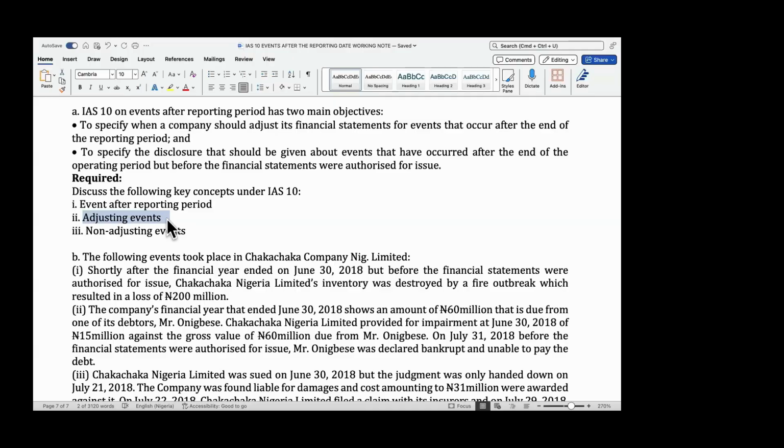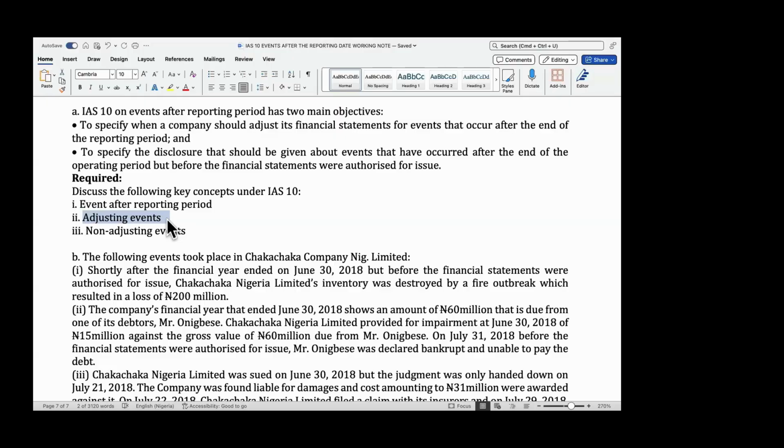Okay, can I try on this? Yes, please. I think there are events that provide evidence of what happened, or the situations that existed, at the reporting date. Now you're correct.